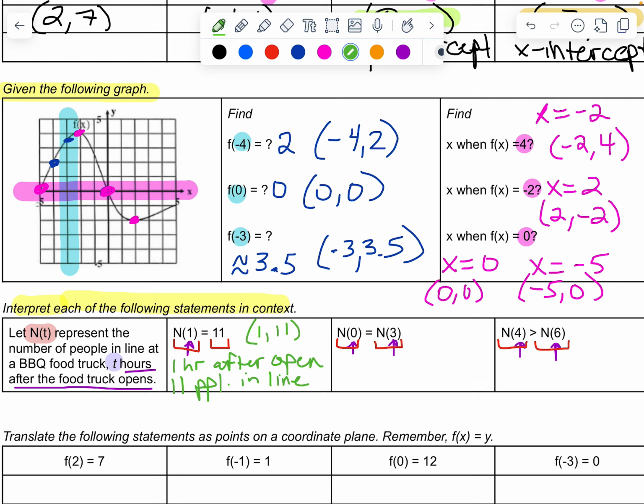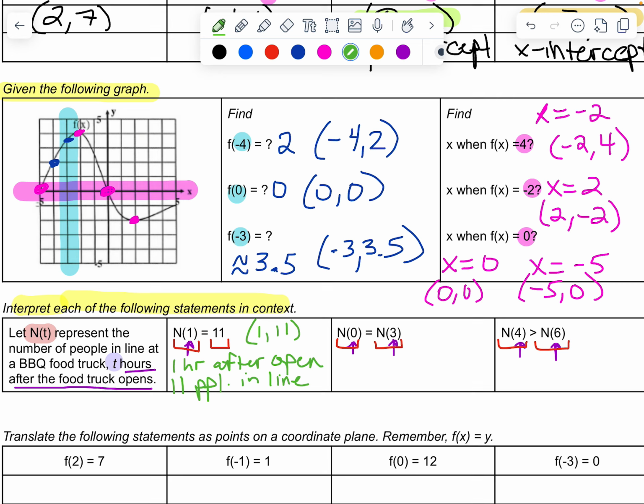Then we move over here, and then I start seeing these other symbols involved. n of 0 is equal to n of 3. Now we know that the 0 and the 3 are time amounts, but we don't have a specific y value like we had 11 on the other problem. What does that mean? The only thing that's telling us here is that we know information about at 0 hours, or when it opens, and 3 hours.